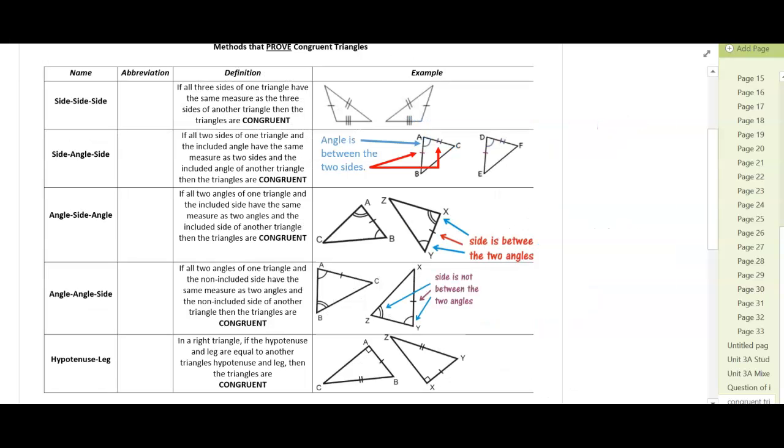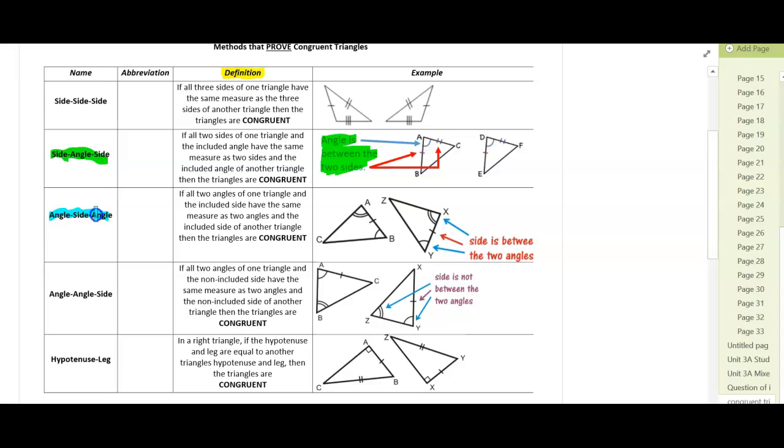So here on the screen you will see the 5 ways to justify congruent triangles. And in the middle column here that I just highlighted, like at the top, the yellow, there are the words that go along with the picture. And then I just want to highlight for side angle side, notice the angle is between the two sides.